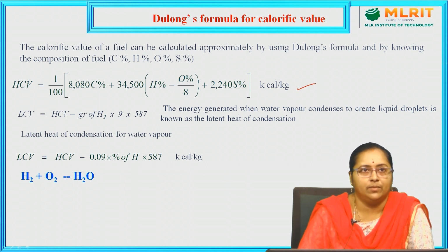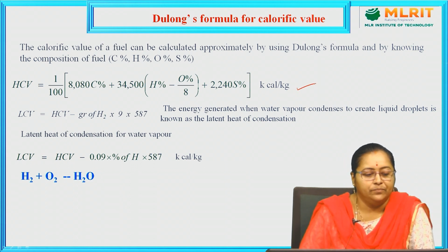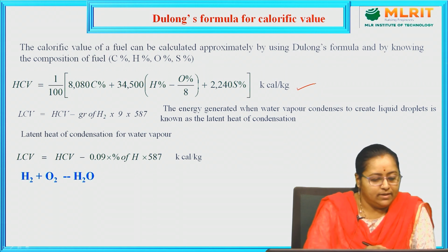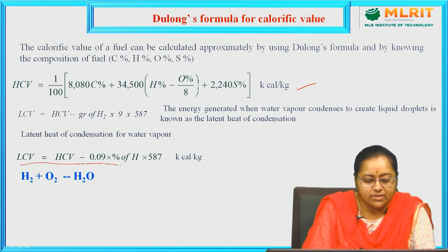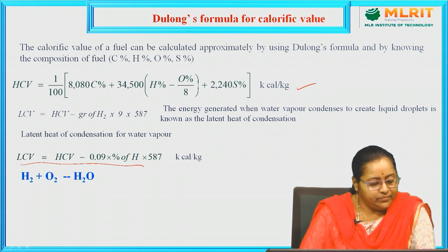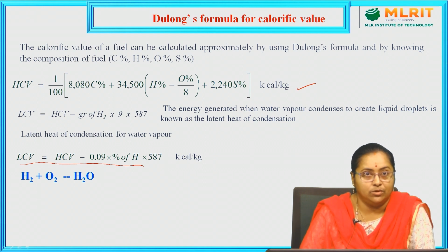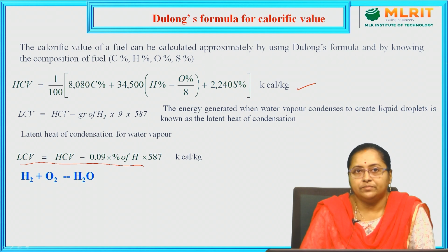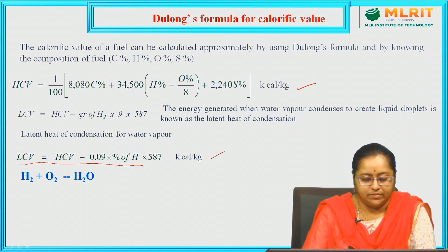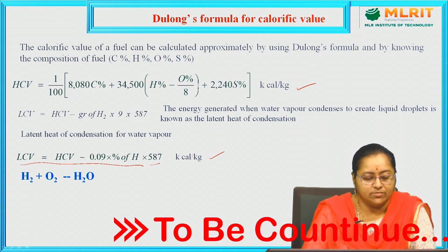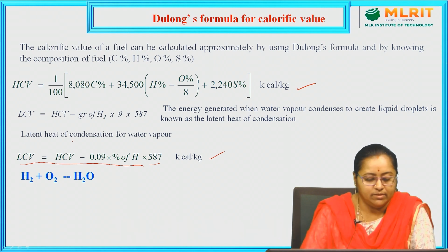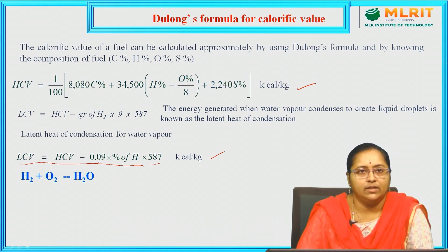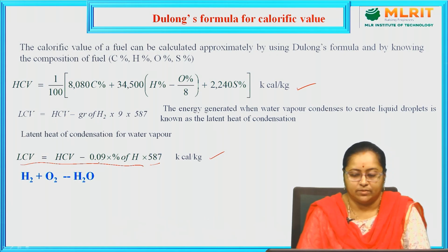This is the formula we are going to use for the problems, and similarly for LCV we are going to consider this formula: LCV is equal to HCV minus 0.09 into percentage of H into 587 kilocalories per kg. This 587 is the latent heat of condensation, and how we calculate this 0.09 I explained just now. Thank you so much.